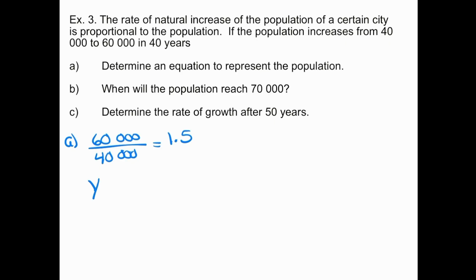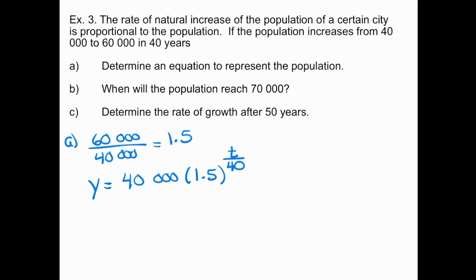So we know then that y is equal to the initial population of 40,000 times the rate that it's changing, which is 1.5. It's growing by 1.5, and it's doing that every 40 years. So we have t over 40.